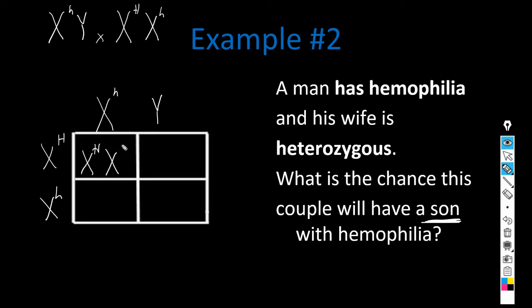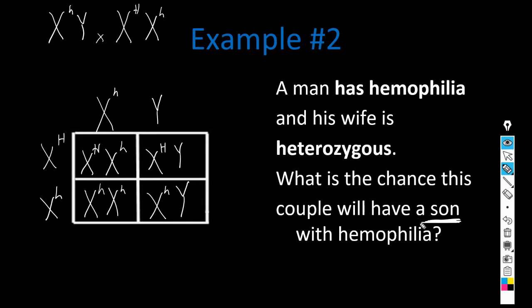Whatever is on the top, once again, drops down. Whatever's on the left moves over, keeping the dominant alleles in front of the recessive when that situation arises, and keeping the X's in front of the Y's so that we're consistent.